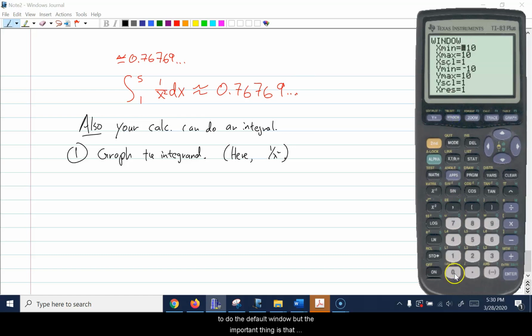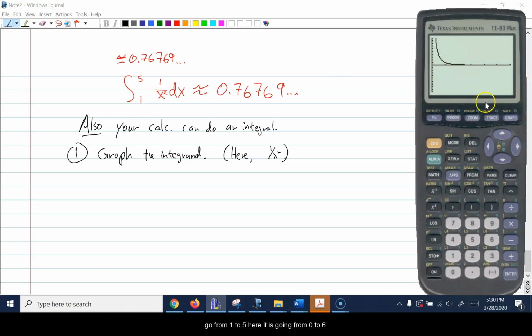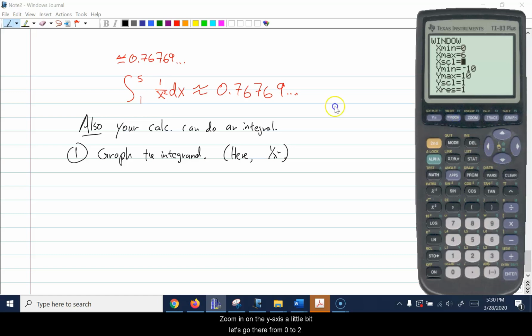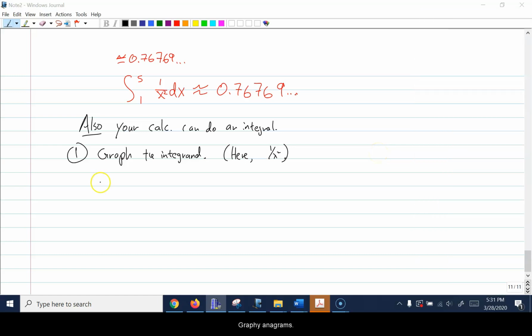You don't need to use the default window, but the important thing is that your window needs to include the interval that you care about. I'm going from 1 to 5, so my graph needs to at least go from 1 to 5. Here it is going from 0 to 6. Let's zoom in on the y-axis a little bit, from 0 to 2. That includes everything we care about, I think. There we go. So graph the integrand. Your graph needs to include the interval on the x-axis.